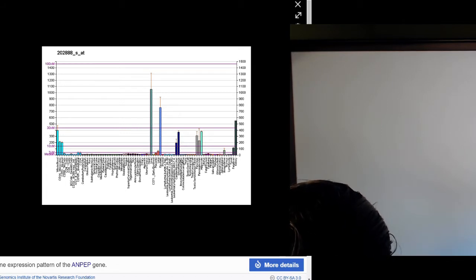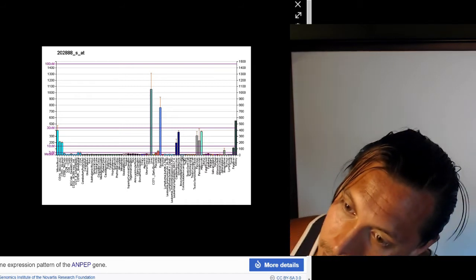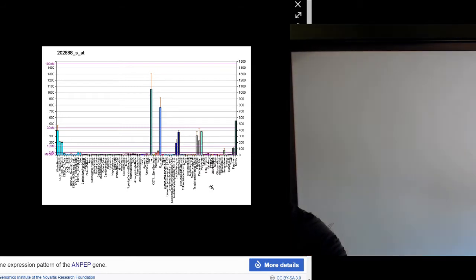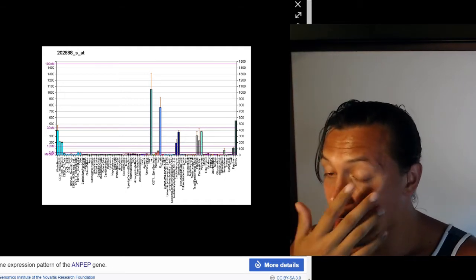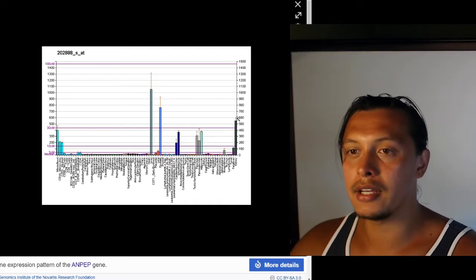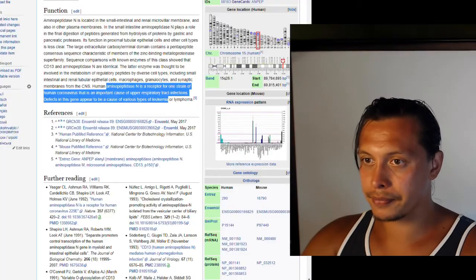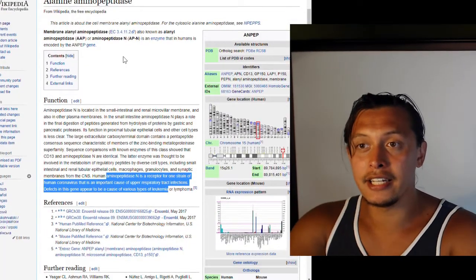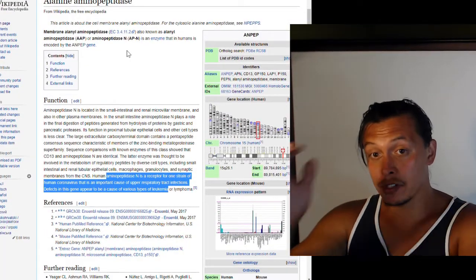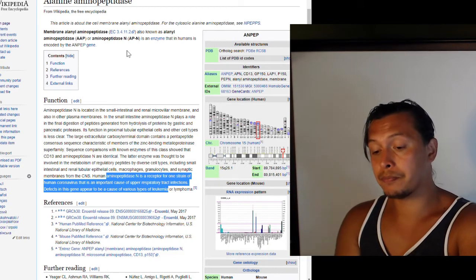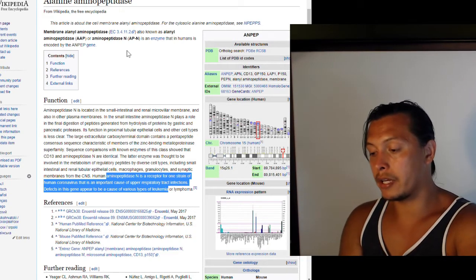these all produce significant levels of it, the cardiac smooth muscle, the cardiac myocytes. So yeah, all that seems to be producing enough of this alanine aminopeptidase for those cells to be presumably, what would the word be, vulnerable.